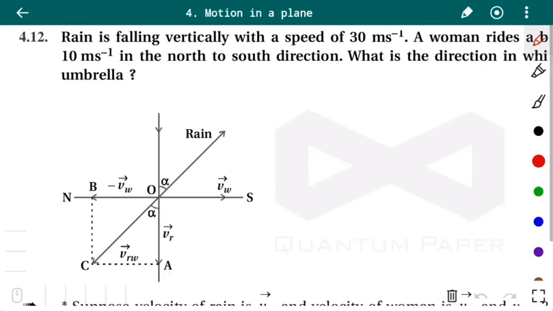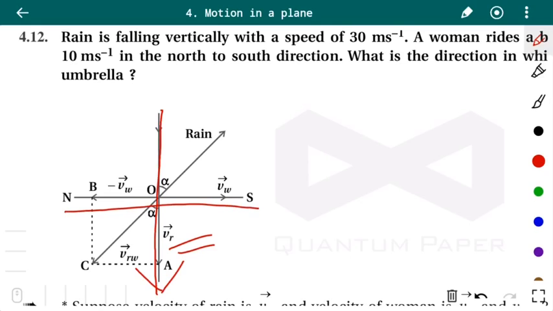So as you can see here, VR is nothing but the speed of the rain that is falling vertically, and the woman is riding bicycle from north to south direction, that is indicated by VW, and its speed is 10 meters per second, right? So the opposite direction is shown by minus VW. We need to find the direction in which the woman should hold the umbrella.